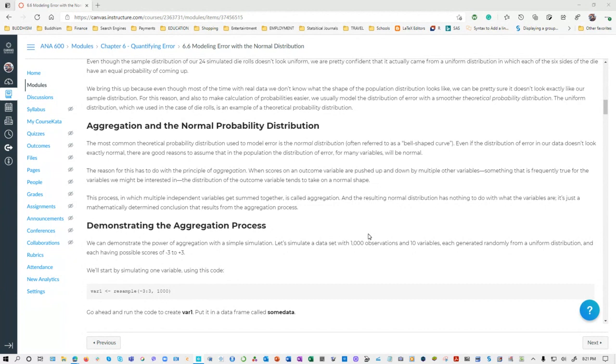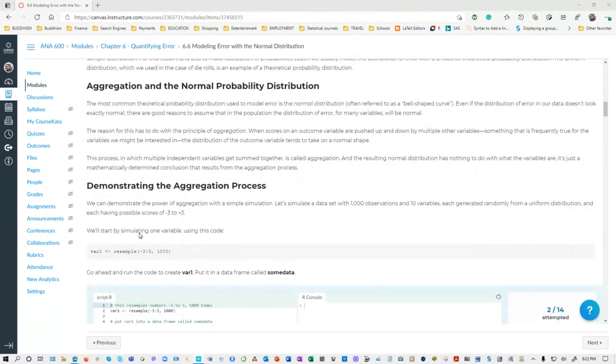The distribution of the outcome variable tends to take on a normal shape. This process in which multiple independent variables get summed together is called aggregation, and the resulting normal distribution has nothing to do with the variables. It is just a mathematically determined conclusion that results from the aggregation process.